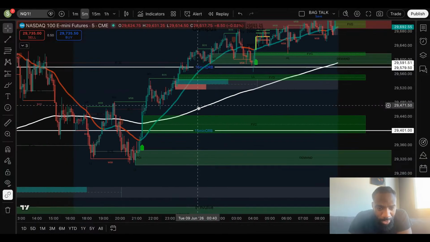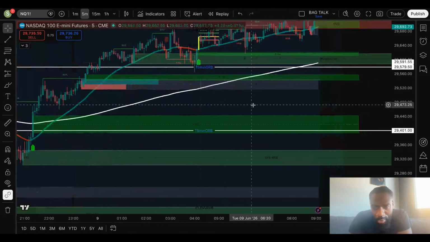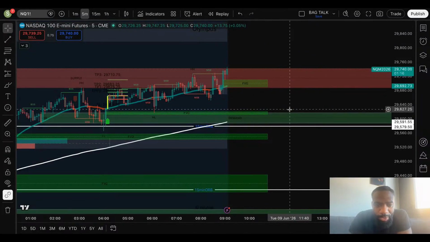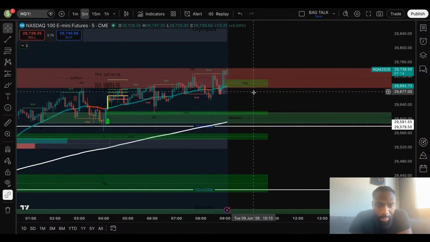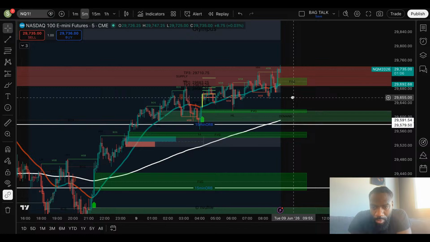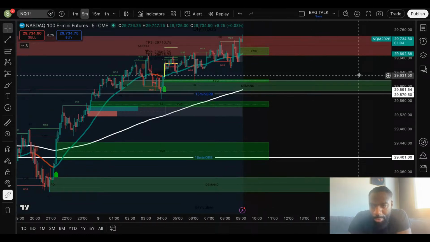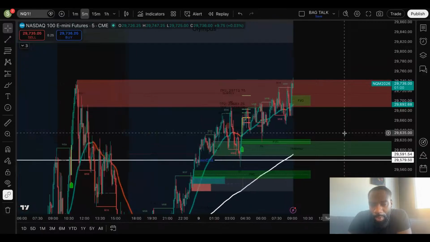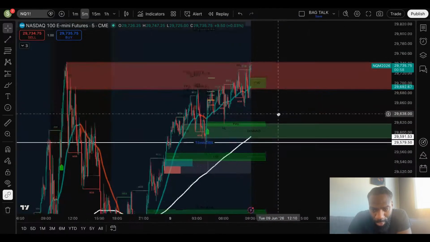That means buyers are in control, and we're just going to play off of the supply and demand zones. Right now, price is in a supply zone, and we're looking for buys. Hopefully we can just be patient enough to wait for a retracement, and then we can get into a trade using the algorithm.